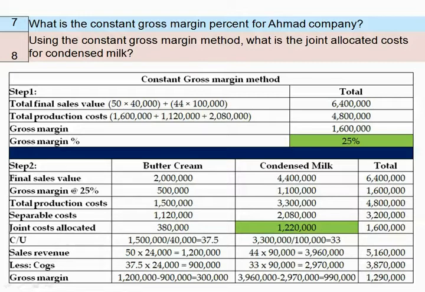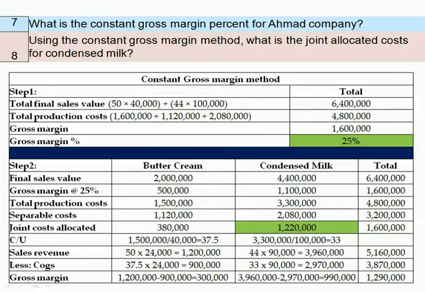Requirement number 8. Using the constant gross margin method, what is the joint cost allocated for condensed milk? So final sales value for buttercream 2 million. Gross margin 25% multiplied by 2 million equals 500,000.